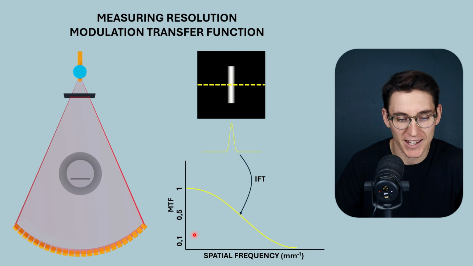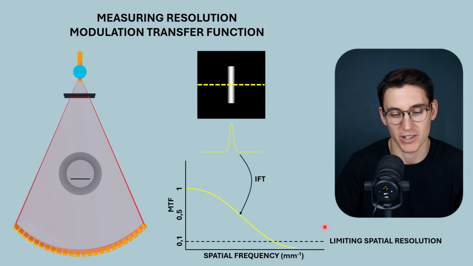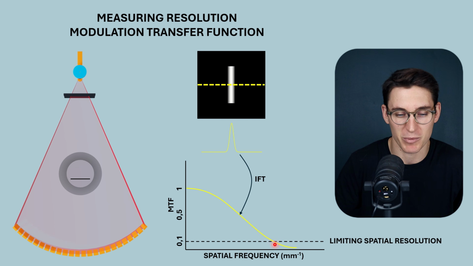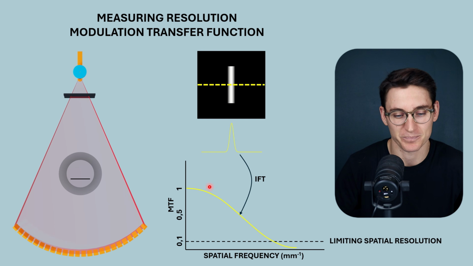And we make a threshold, it's generally a standardized threshold at 10% of the modulation transfer function. We call that our limiting spatial resolution. This gives us an objective measure of the spatial resolution limit for this current reconstruction method and for the parameters that we've set during the acquisition of this scan.